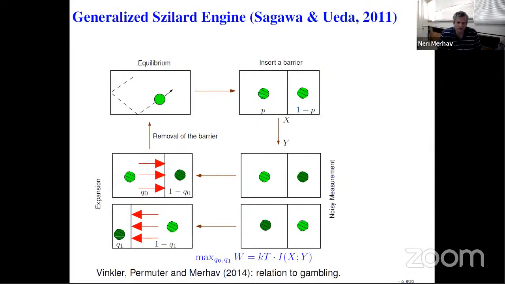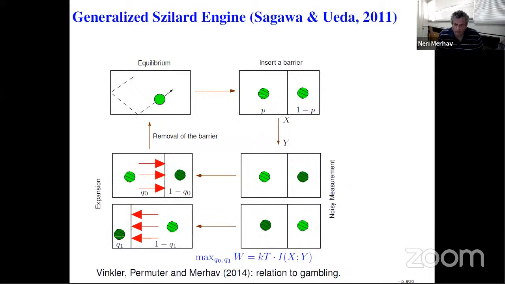And there's, of course, an extension of the Szilard engine to a situation where the barrier is not necessarily in the middle, and the measurement Y is not necessarily clean, it might be noisy.